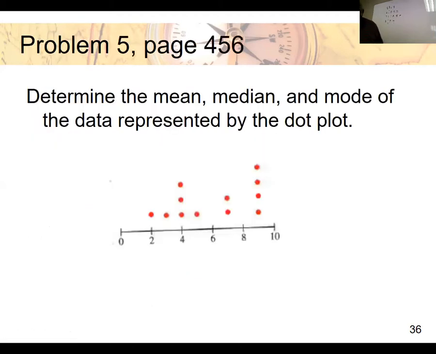All right. So here, in this particular dot plot that we have, let's say we want to use that dot plot to determine the mean, median, and mode of the data represented by that dot plot.